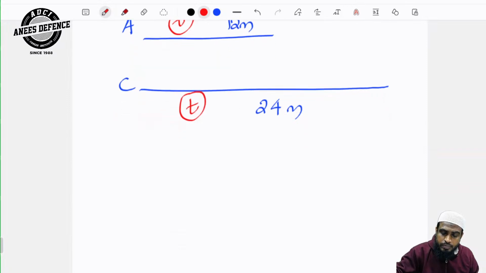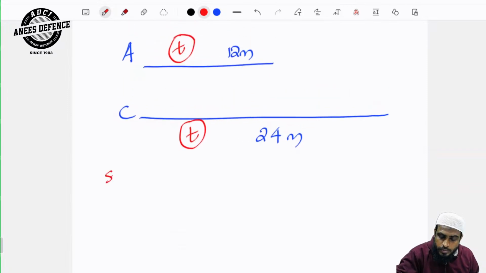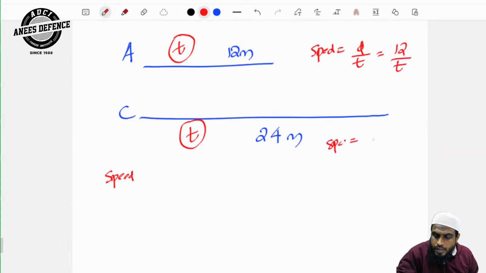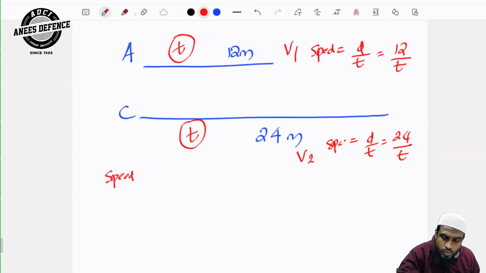The ratio of the speed of the athlete and car. What is speed? Speed is distance by time. Here the distance is 12 meters, time is t. Here the speed is distance by time, 24 meters divided by t. So the speeds are v1 and v2, and we need to calculate the ratio.